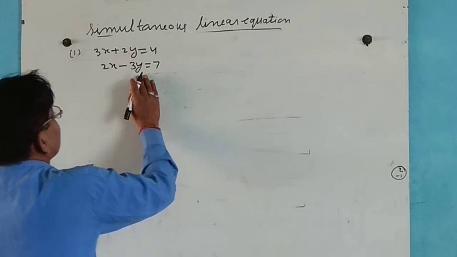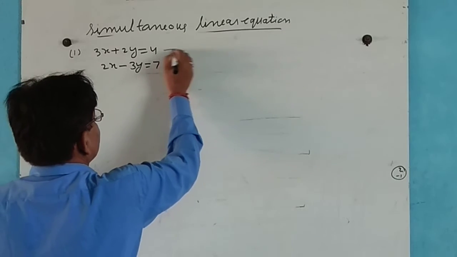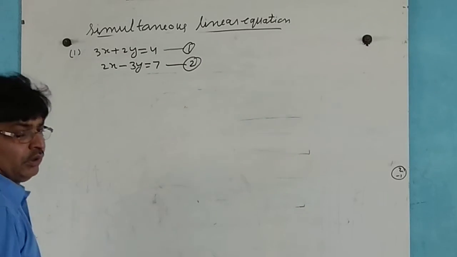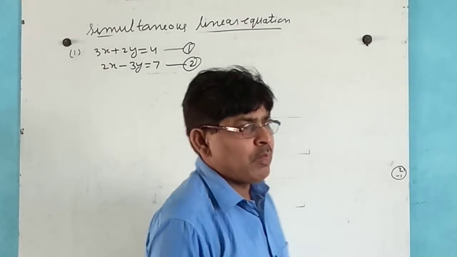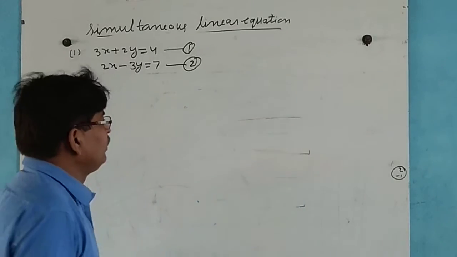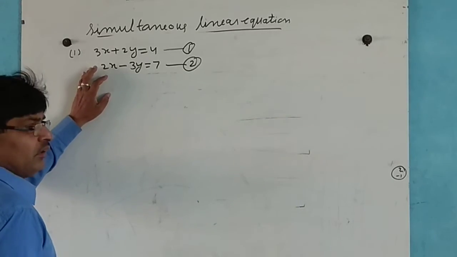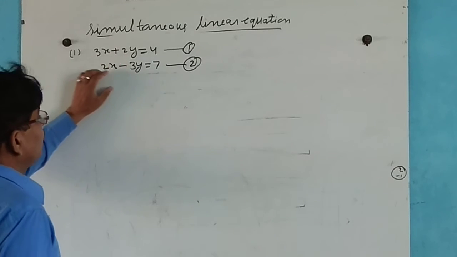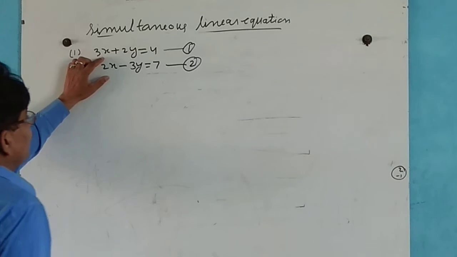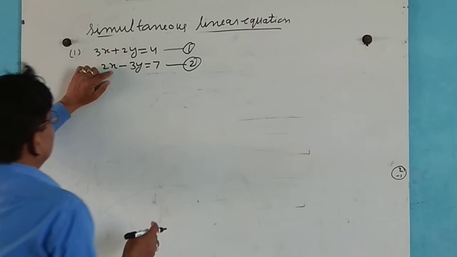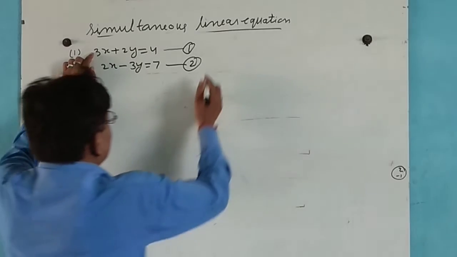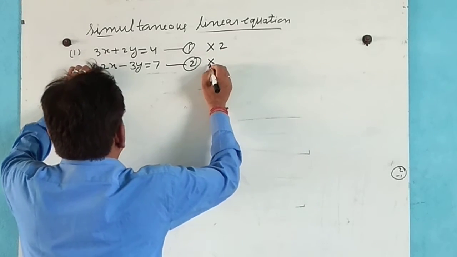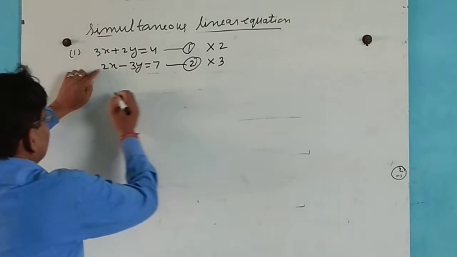Now, these are the simultaneous linear equations, equation 1 and equation 2. First of all, we eliminate any term, like x or y. Now, we remove x. For this, we multiply equation 1 by 2, and equation 2 by 3, and subtract.